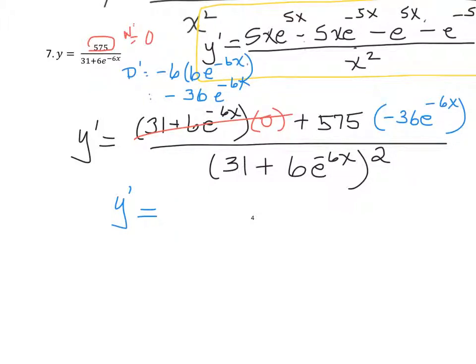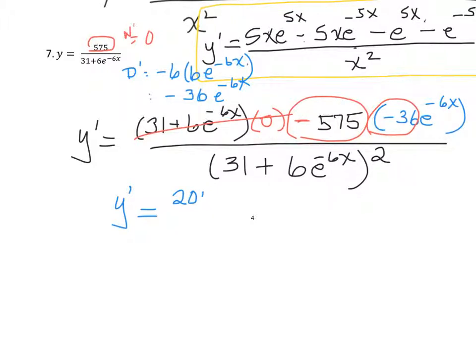And if you multiply 575 times -3, I believe, oh, and I have a sign problem here. Let me fix that before we go on. This should be a subtraction, not an addition. So if you multiply -575 times -36, I believe what you get is 20,700.